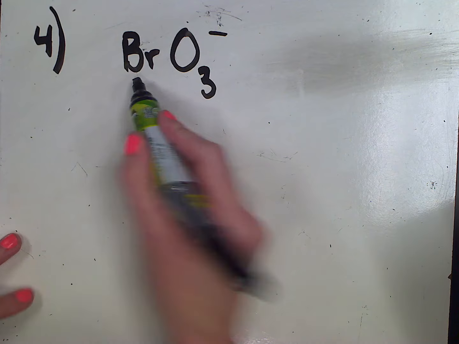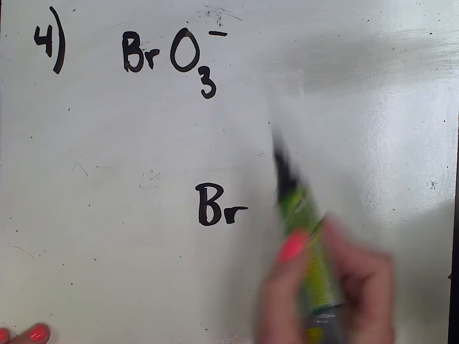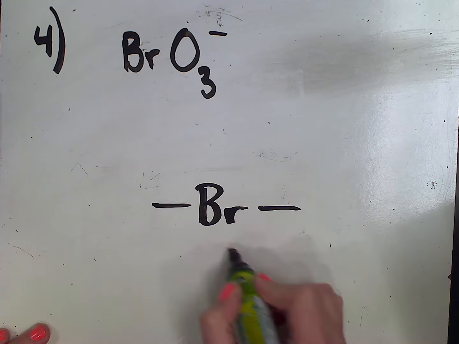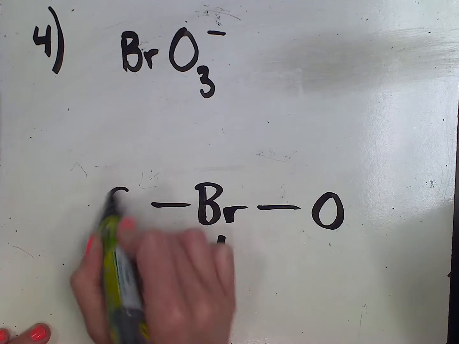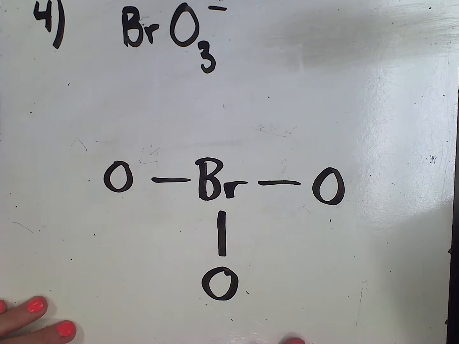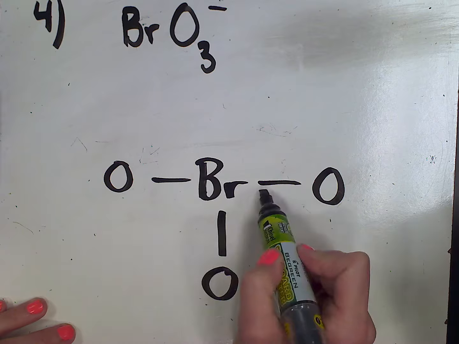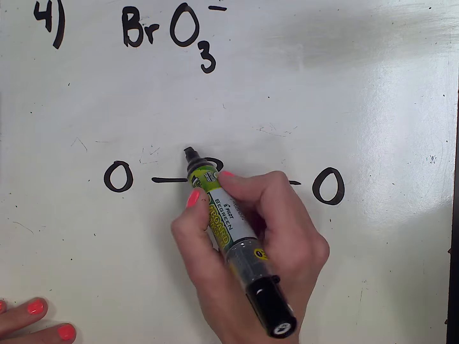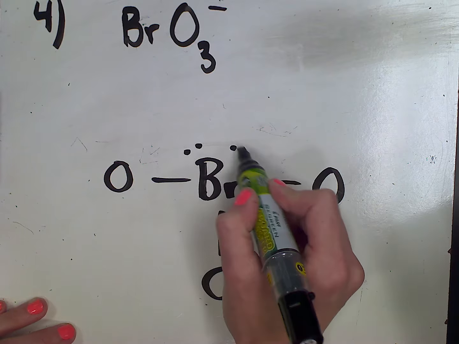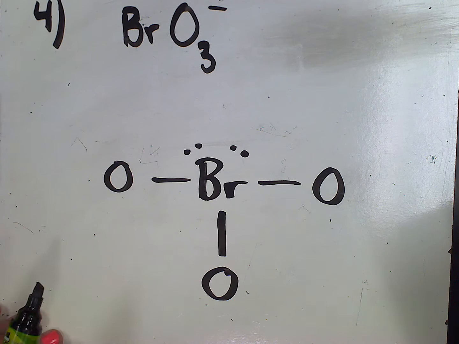So bromine's got to be the central atom here. So Br, and then we have 3 oxygens, so 1, 2, 3. Okay, now we can draw in our extra electrons. Bromine has 7. Right now 3 are occupied in bonding, so that means we have 1, 2, 3, 4 left over, okay, because 4 plus 3 equals 7.